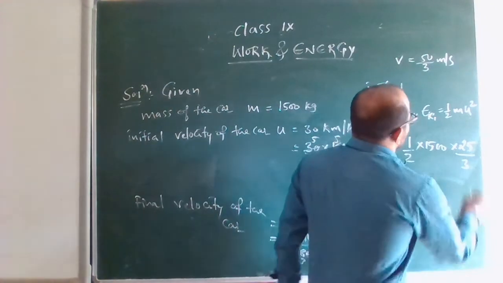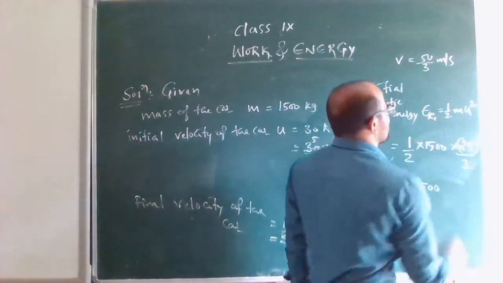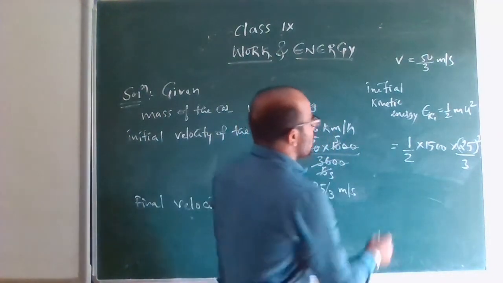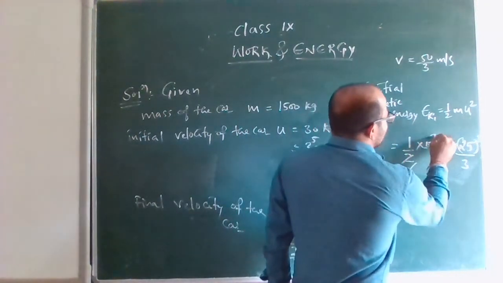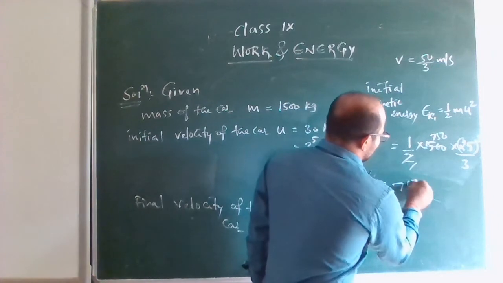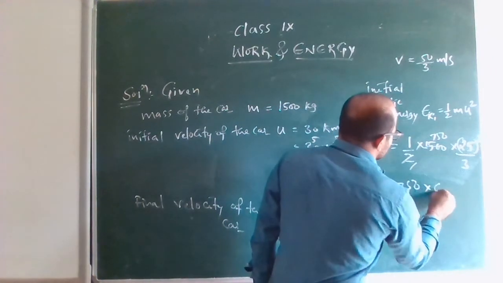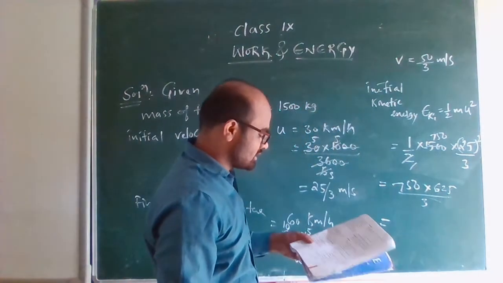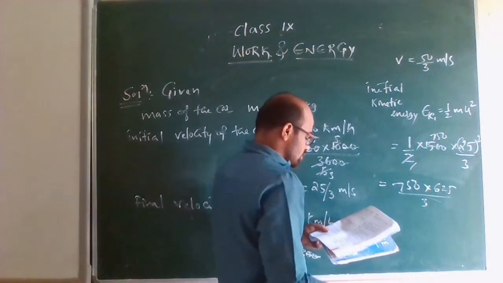Sorry, here this is a square, that I was not doing. Yes, there we were getting things wrong. So 2 ones are 2, 750, this is correct. 750 into 25 square, which is 625, divided by 3. So this will give you the correct answer, that is 156250.